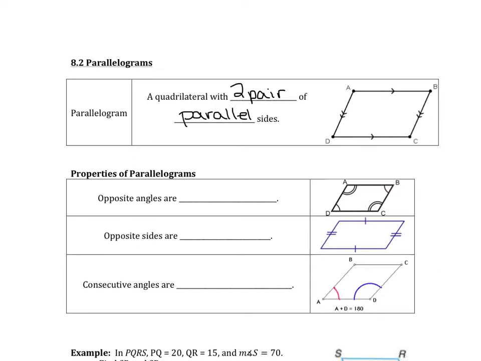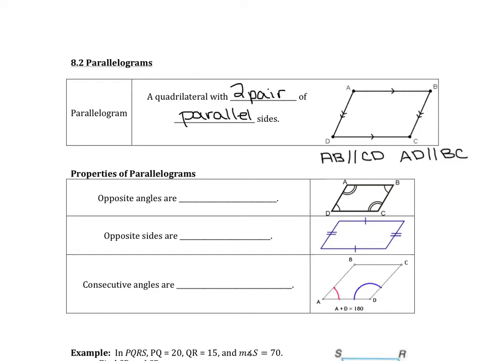If we look at the figure, AB and CD are marked parallel. That's what the arrow on each of them means. So AB is parallel to CD. Also, since AD and BC each have two arrows on them, they are also parallel to each other. So AD is parallel to BC.